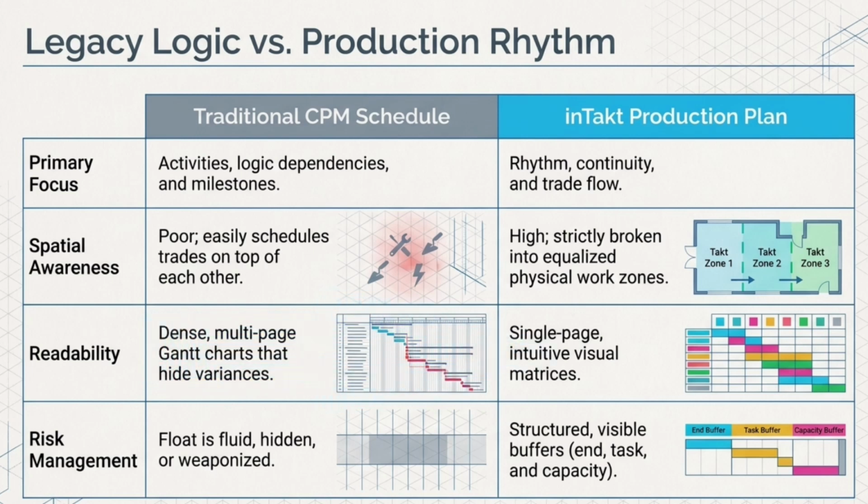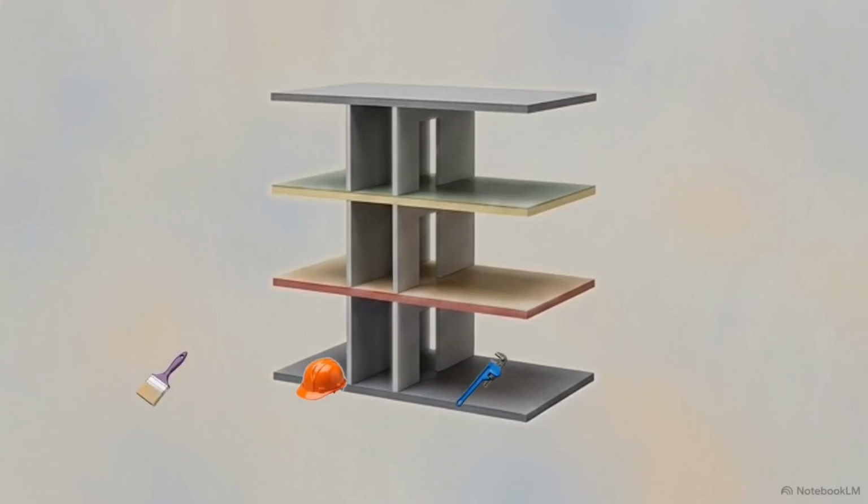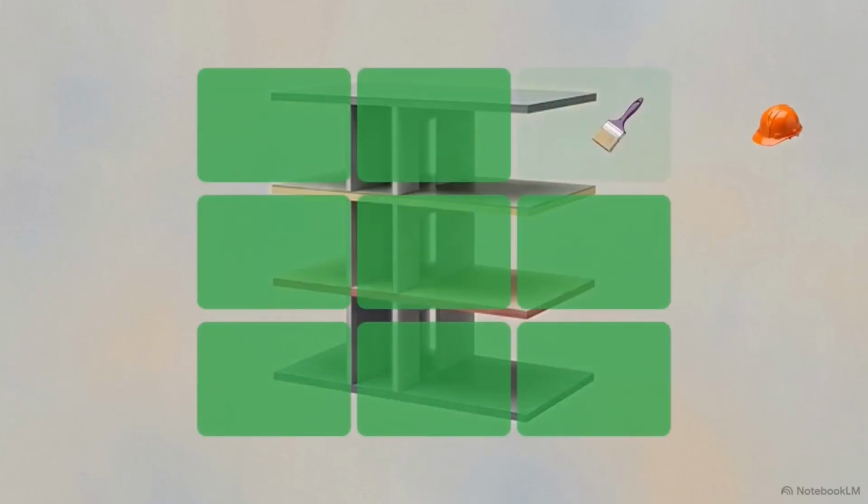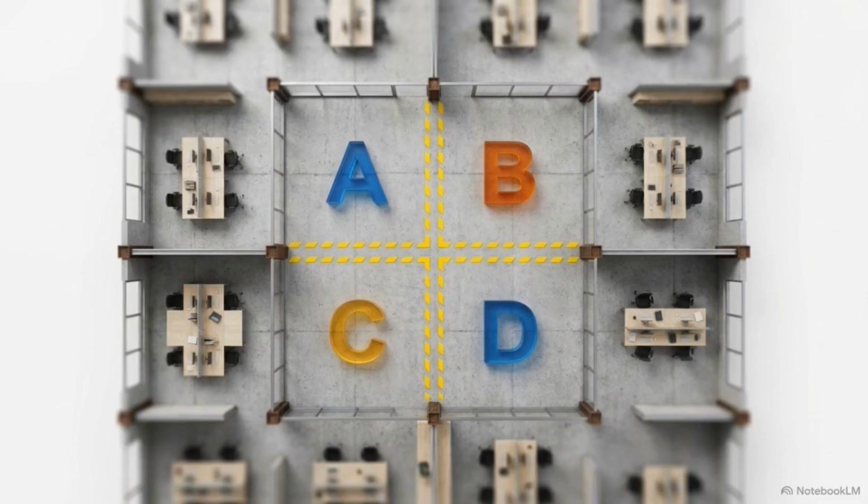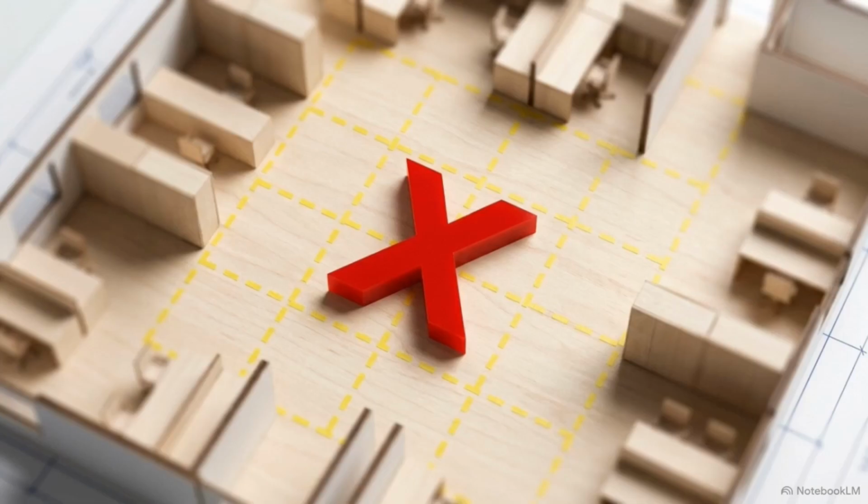And finally, from a risk management standpoint, with CPM, float is fluid and often hidden or weaponized. The key difference in Takt time is that risk management is organized in structured buffers: end, task, capacity, backlog. With Takt time planning, we are able to identify roadblocks that prevent trade flow based on crew size and zone availability.